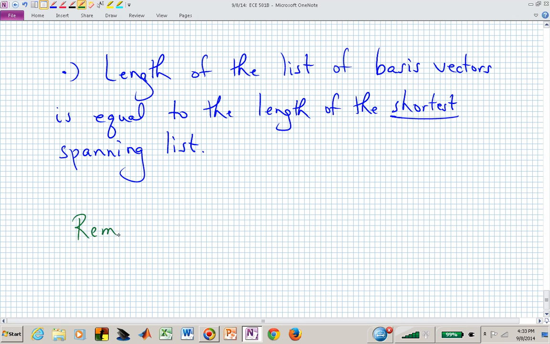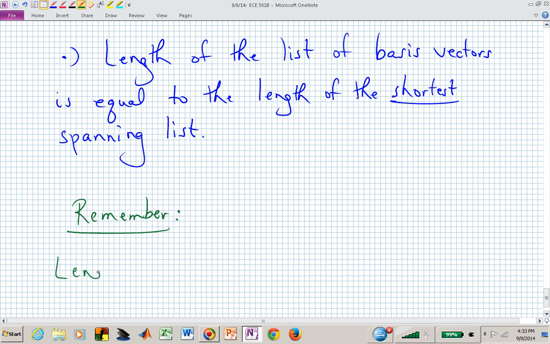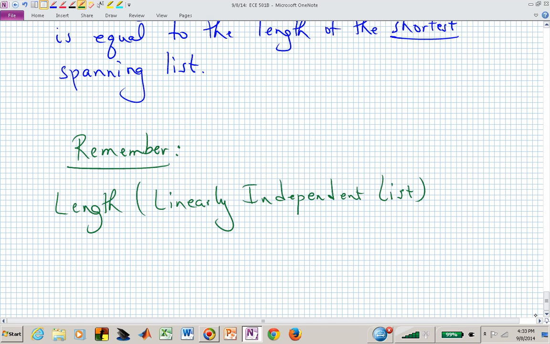Meaning, if I gave you the length of a linearly independent list, and I compared that with the length of a spanning list, which way would that inequality go?